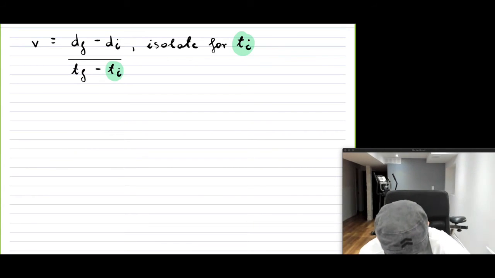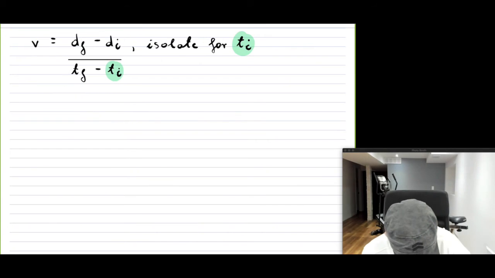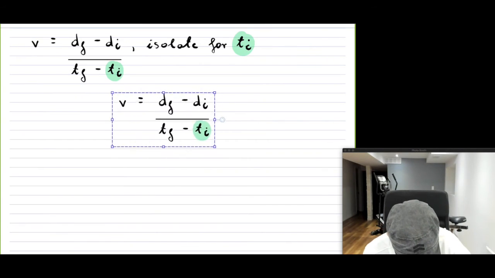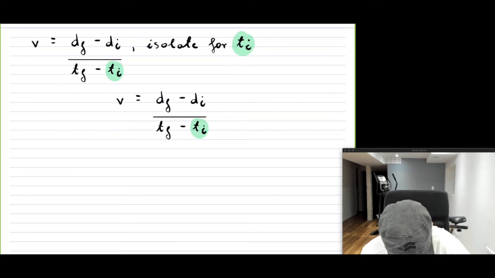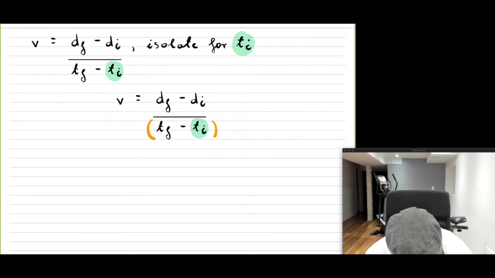So now we're a little bit stuck. We have this thing, so let me copy it. I'm going to paste it in here so we can work with it. So I do not want this whole thing in the denominator. So what I'm going to do is multiply both sides by this t_f minus t_i.